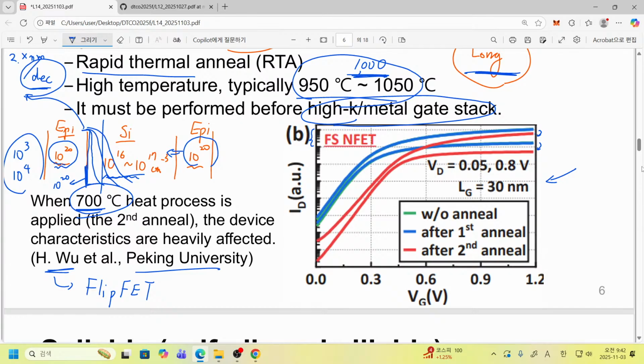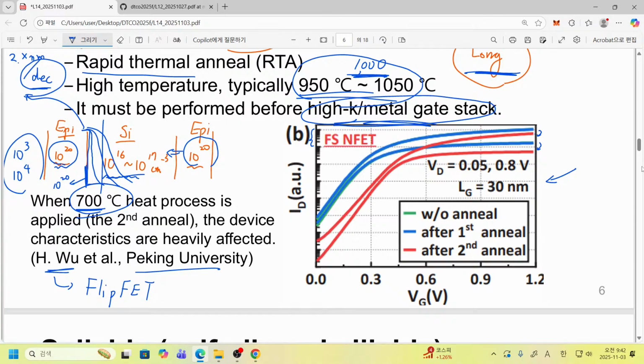This flip FET introduced the concept of flipping wafers to fabricate both NMOSFET and PMOSFET simultaneously, but it has a serious drawback of swapping the process order for high-K metal gate and source and drain. That is regarded as the biggest drawback of this brilliant idea.